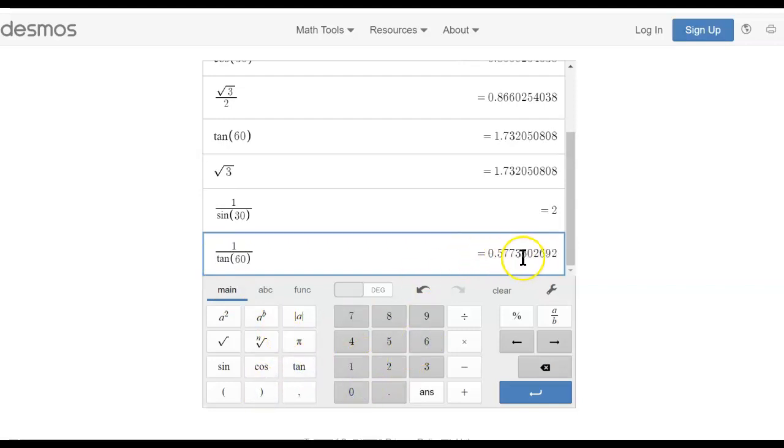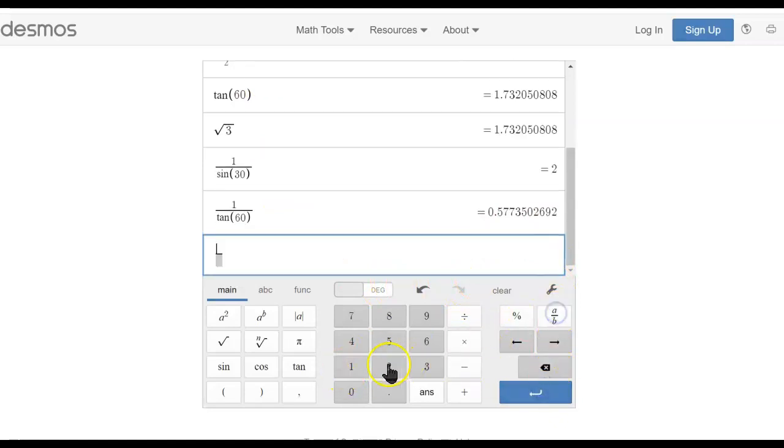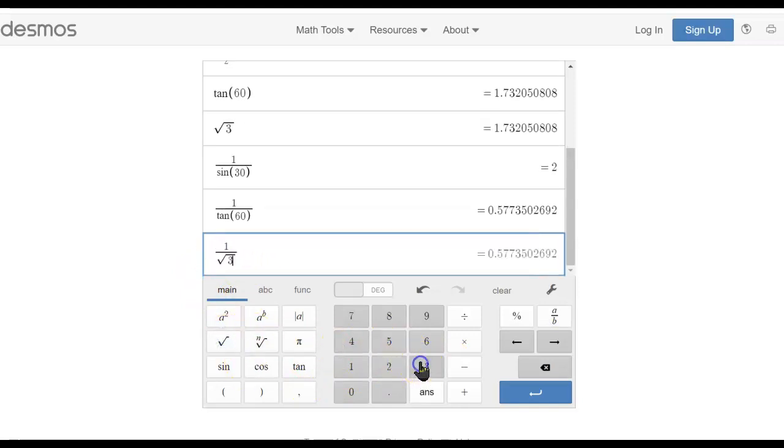And I'm getting this value here, 0.577, and so on. Looking back to what we had up above, the tangent of 60 degrees was square root of 3. So if I typed into the calculator the reciprocal of that, 1 over the square root of 3, I get the same decimal answer.